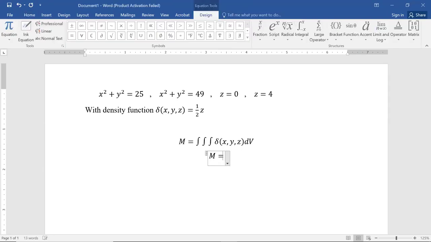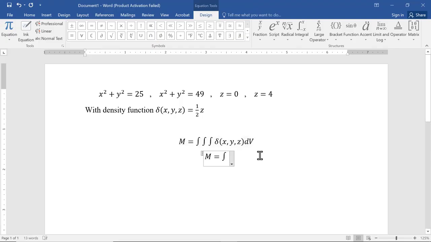Now, when we convert to cylindrical coordinates, if our density function has x's and y's in it, then we'll convert those x's and y's into cylindrical formats. The z's don't matter too much. And then we'll convert this dV to an r dz d theta dr.